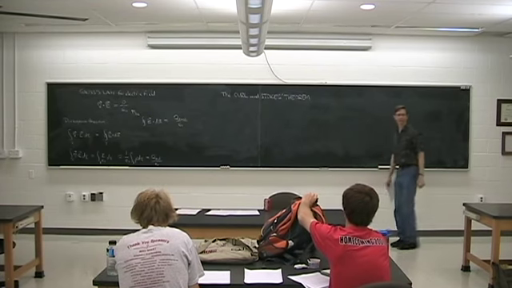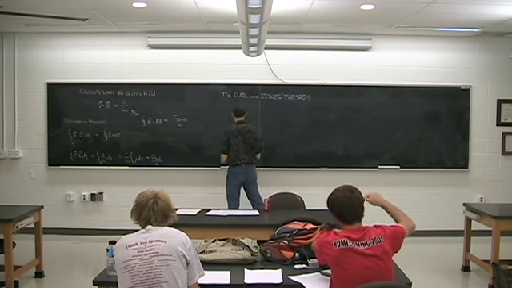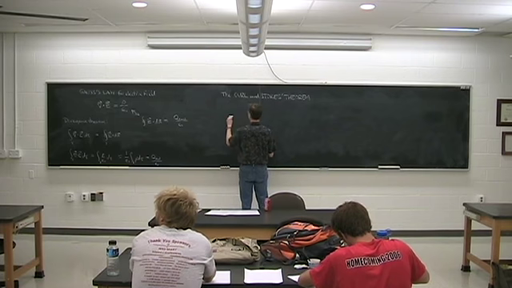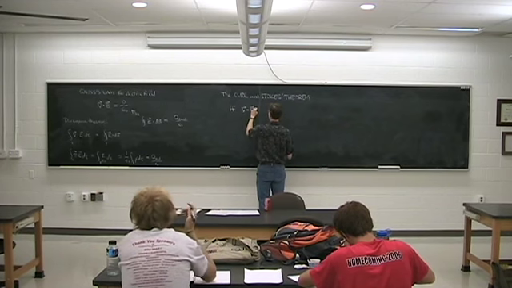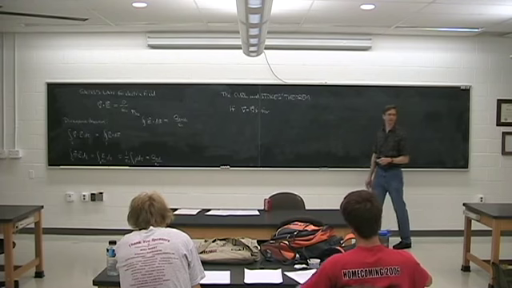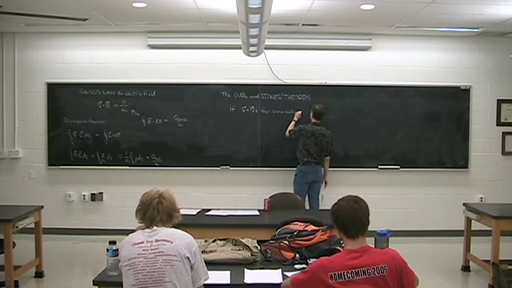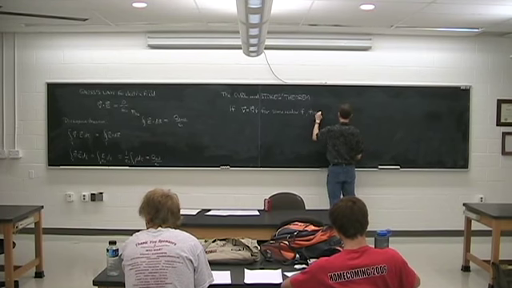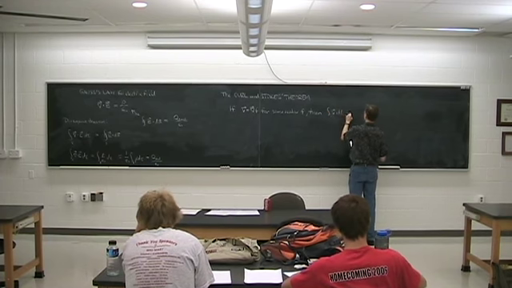The curl and Stokes' theorem. Earlier we saw that if some vector field V can be expressed as the gradient of some scalar function f, then we found that the integral of V dot dl is independent of path.